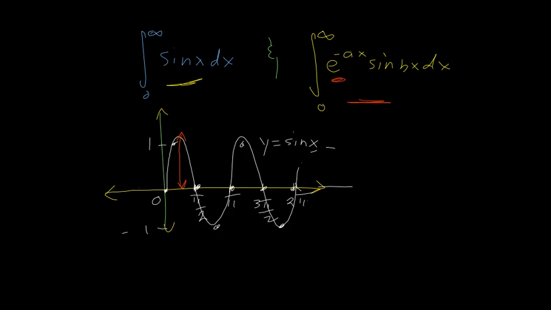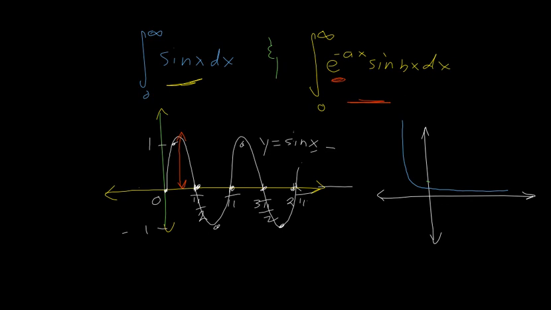Give me a moment. Second graph here. e to the negative ax looks like this.